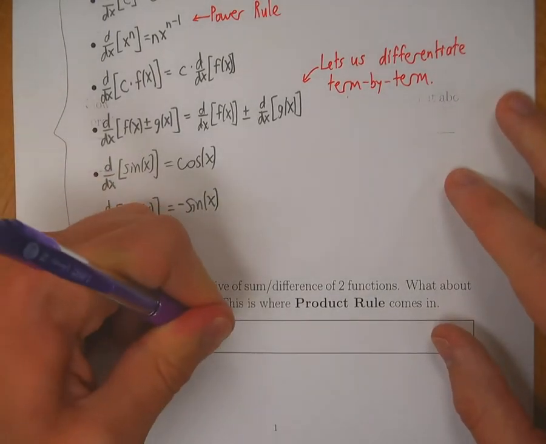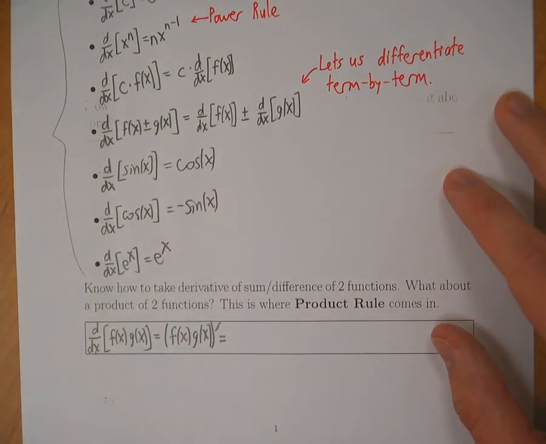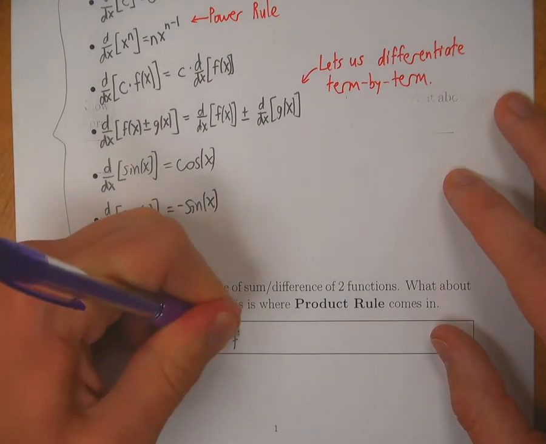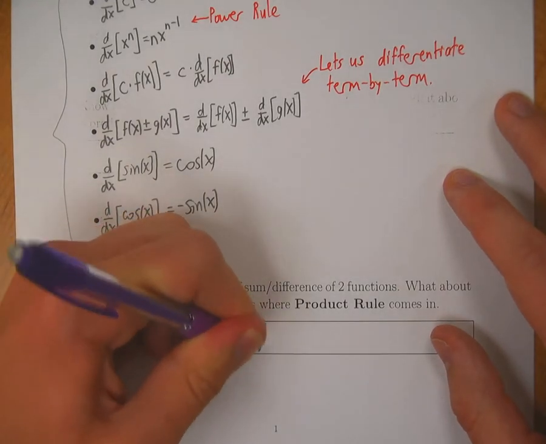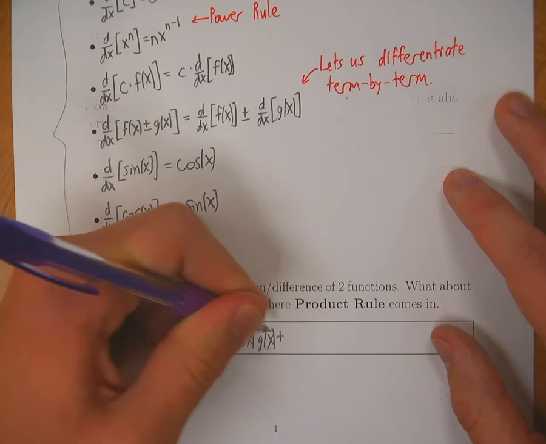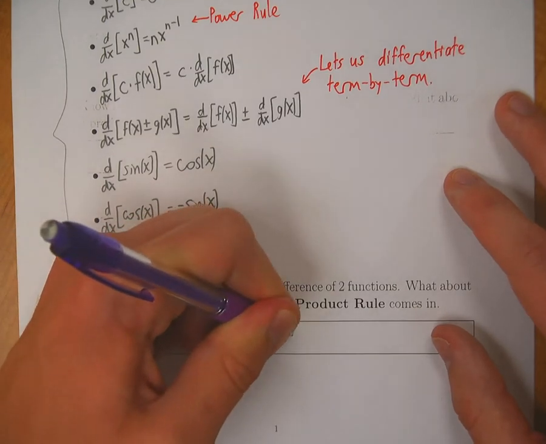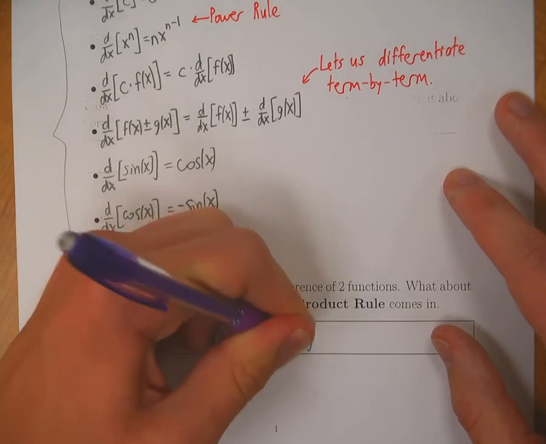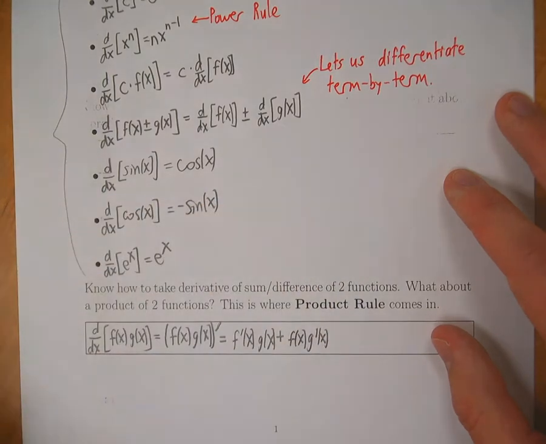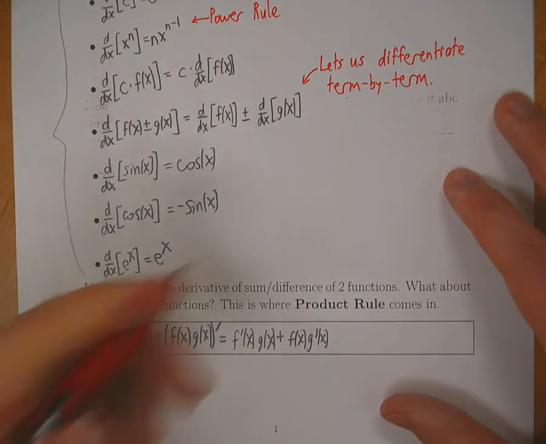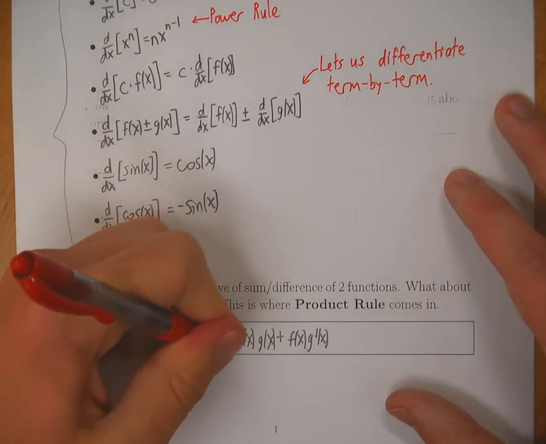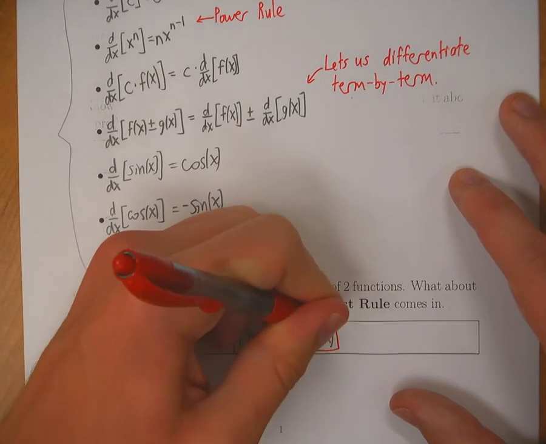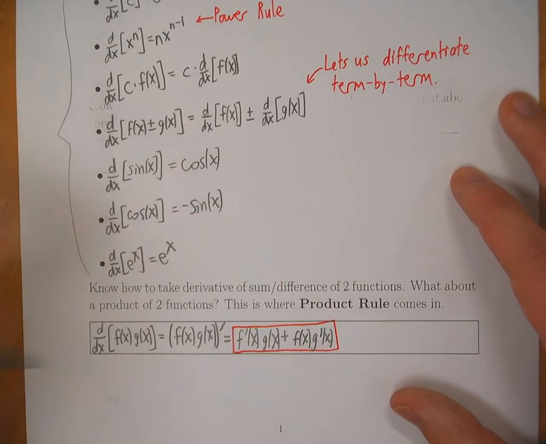So here's what the product rule says. We have f prime of x times g of x plus f of x times g prime of x. So that's what the product rule ultimately says here. Okay.